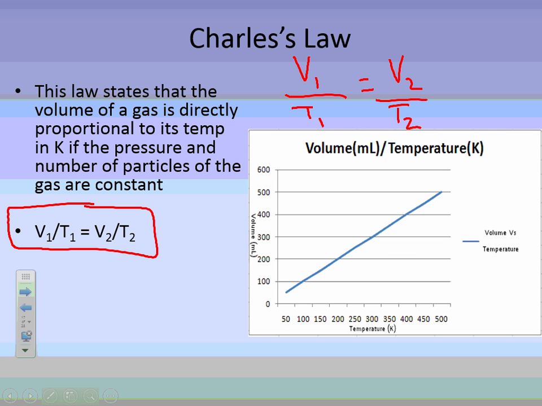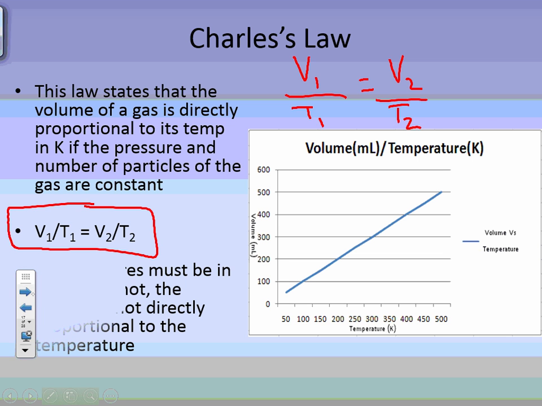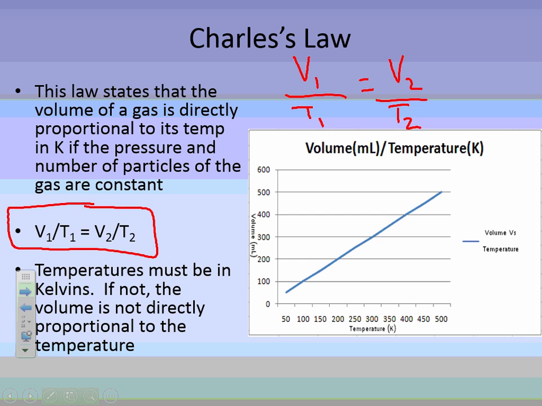So our first law is V1 over T1 is equal to V2 over T2. V stands for volume, T stands for temperature. The 1 stands for the initial sample, and the 2 stands for what happens if the sample changes. Temperature must be in Kelvin.